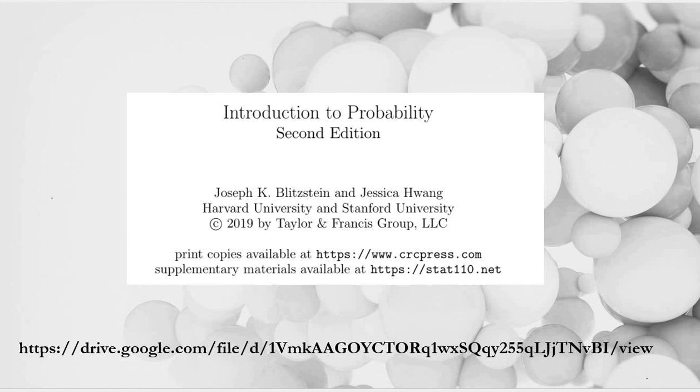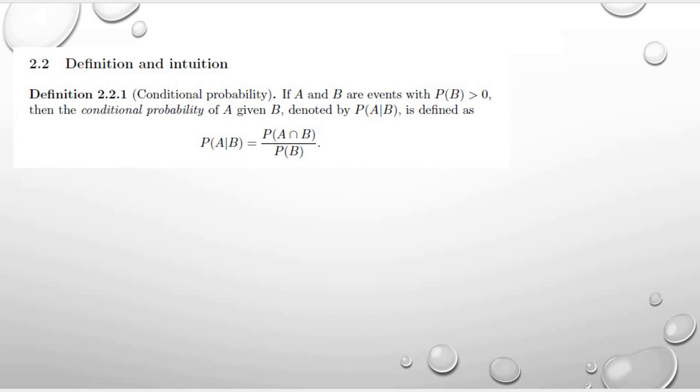So today's topic is conditional probability. Conditional probabilities are probabilities, so the things we've said about probabilities will be true for it, but it's a probability that is conditional upon some other event.